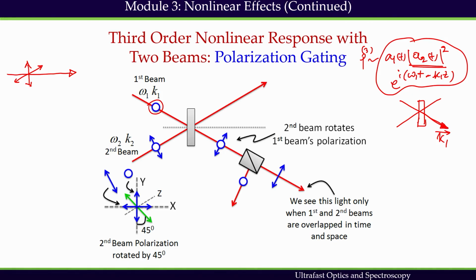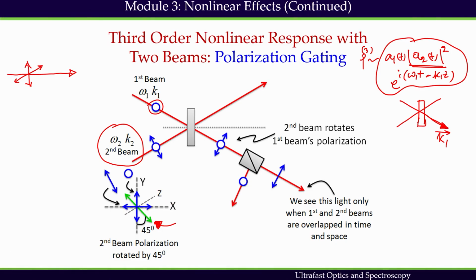On the other hand, the second beam polarization has been rotated at 45 degrees, which is shown here by this green double-headed arrow. The moment we rotate it at 45 degrees, I can have components along the y and z directions.